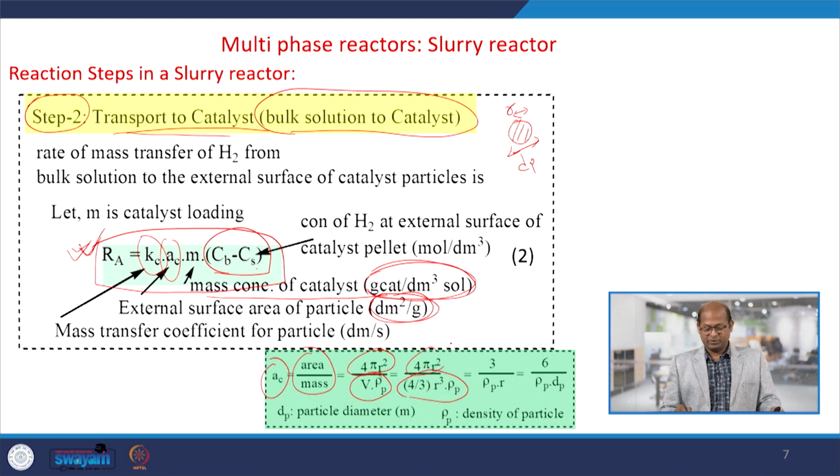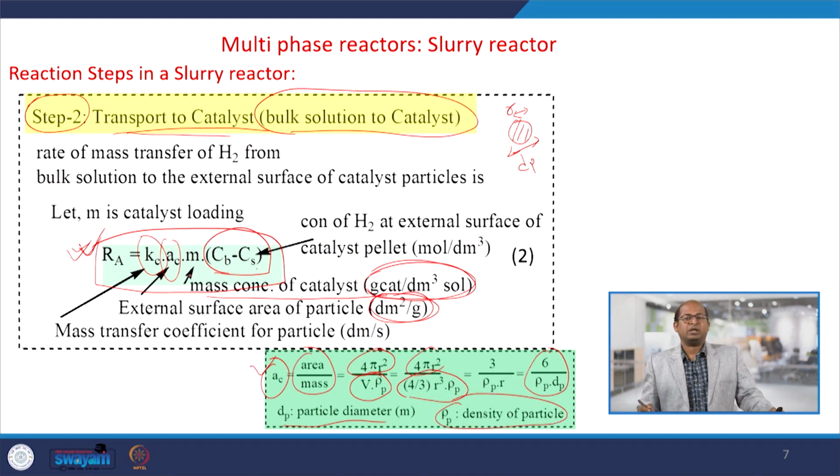After simplifying, it gives 6 by rho p into dp, where dp is the diameter of the particle and rho p is the density of the catalyst. If the diameter and density are known, then the external surface area of the particles per unit mass can be calculated.